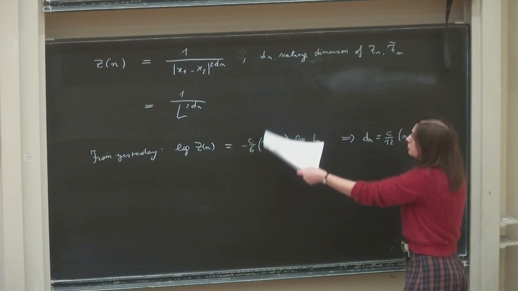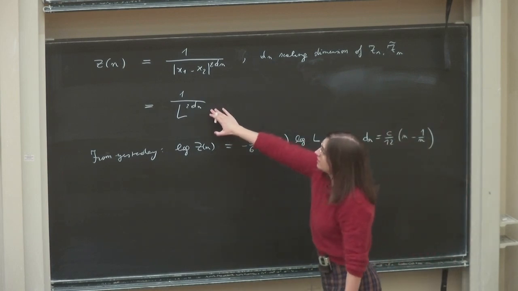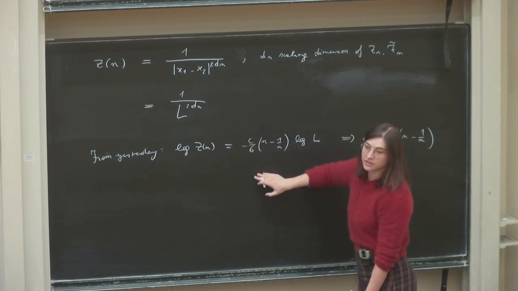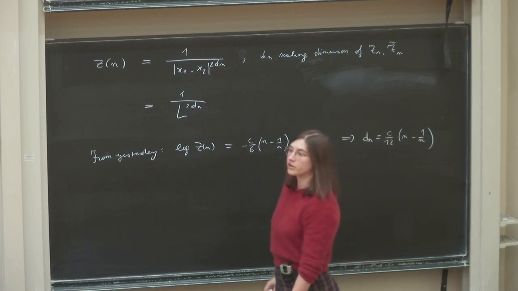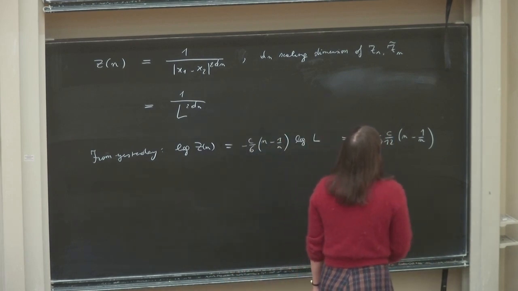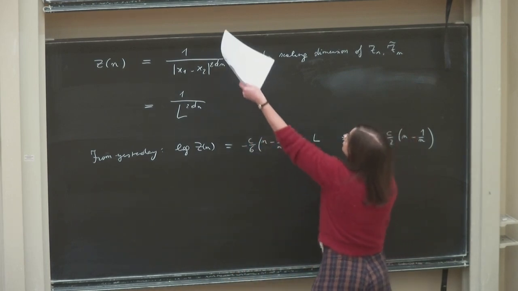So there's an alternative way in which you can determine these without knowing the answer, using a Ward identity, but let me not spend time on that alternative derivation, so you can find it there.